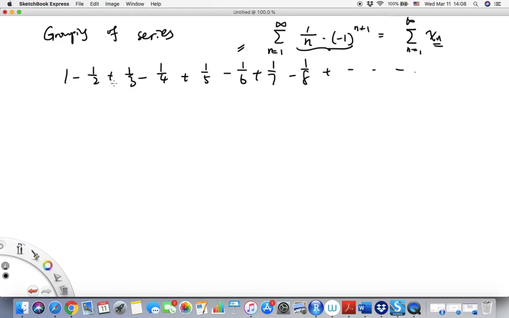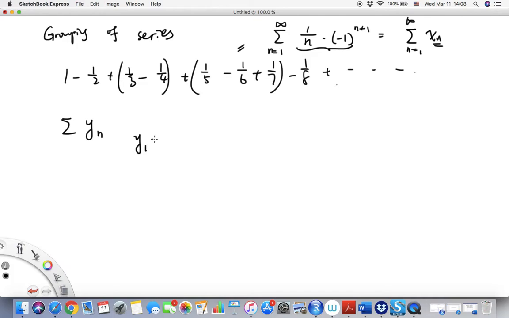Now we take a grouping of the series. So we group these two terms together, these three terms together, and so on, and let's call the series sum y_n.